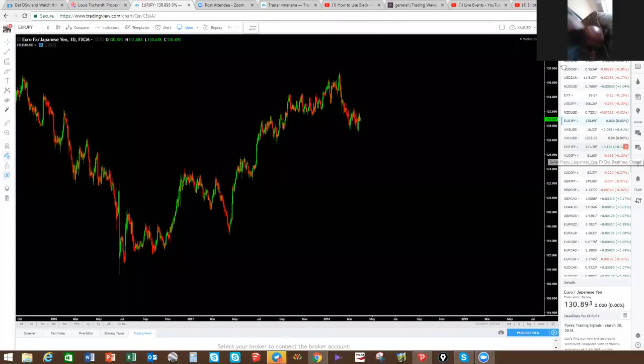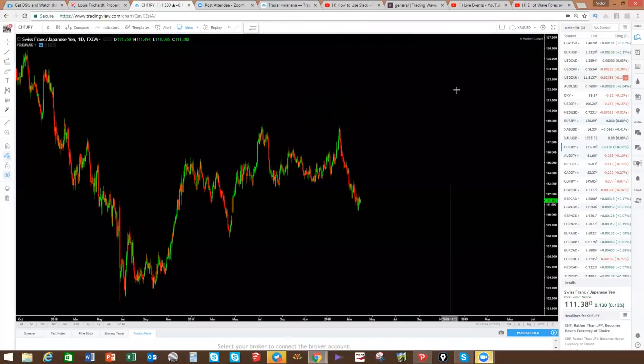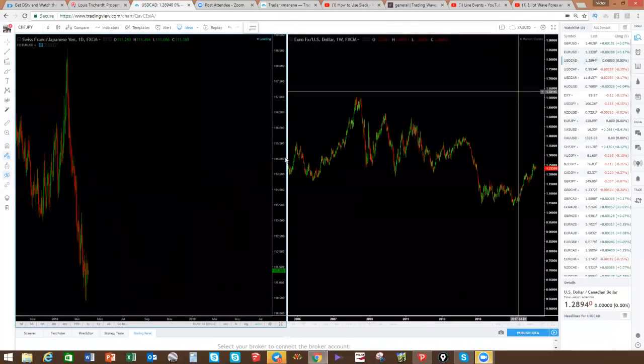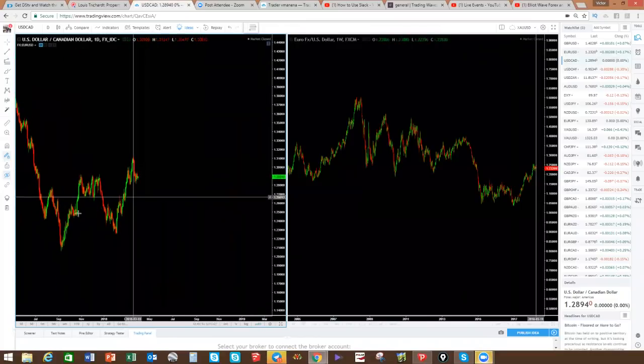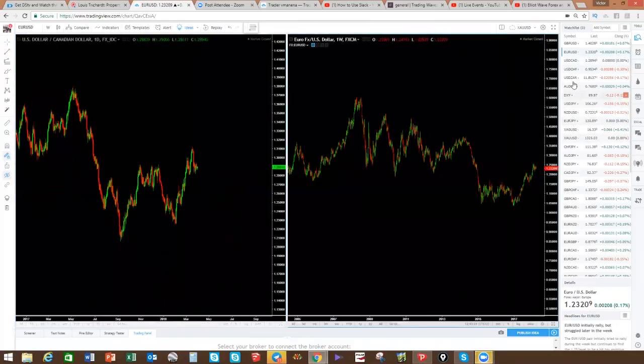CHFJPY. I compared CHFJPY with US dollar CAD, similar structure last week. I'm going to repeat it again. That's US dollar CAD. Let's look at CHFJPY on this side.